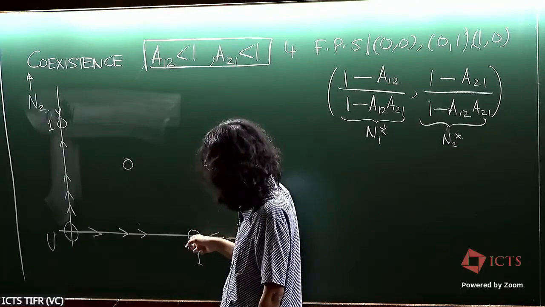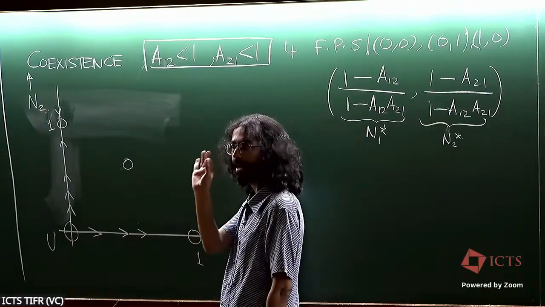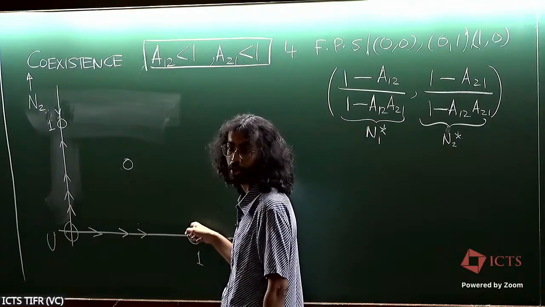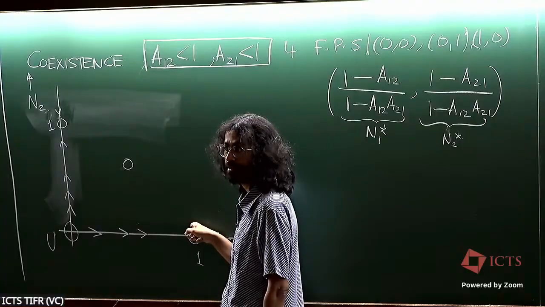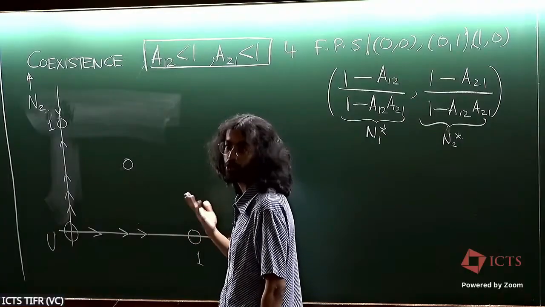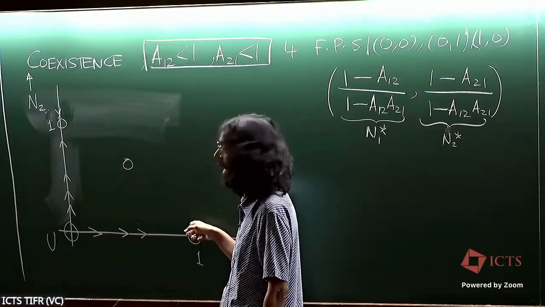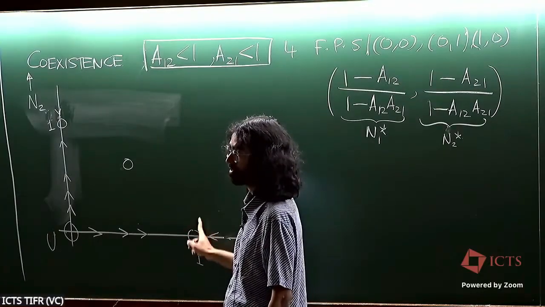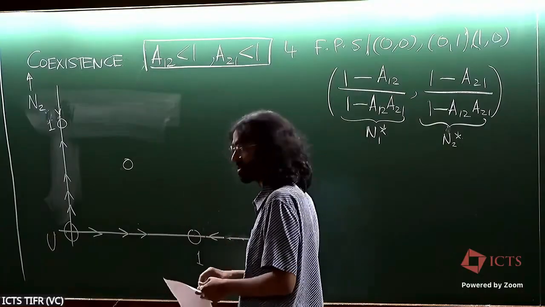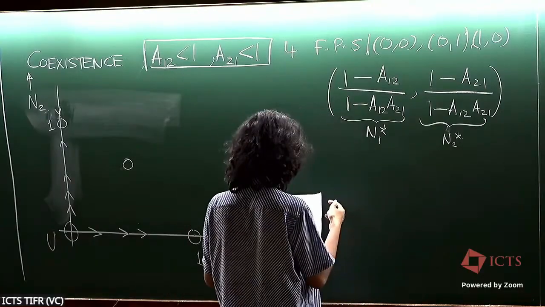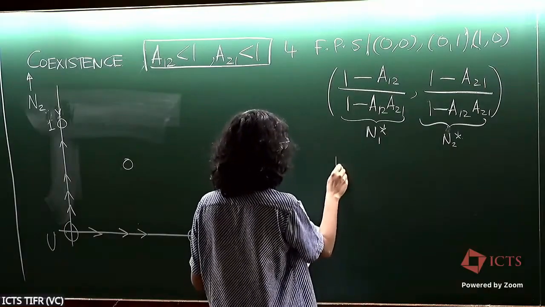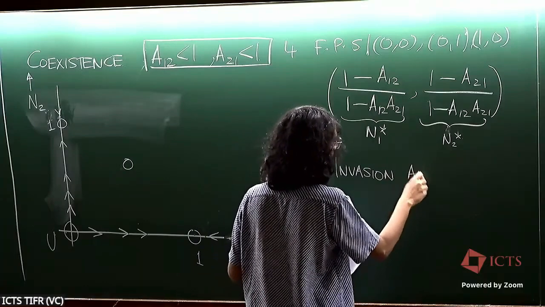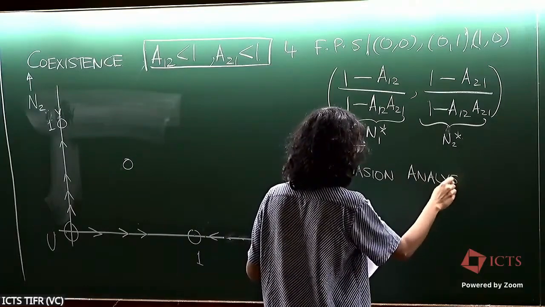So the easiest possible thing to imagine is you add a little bit of N2, you go just a little bit above this, and then you ask whether or not, yeah, what do you ask? Whether N2 grows or not, right? If N2 dies, then you flow back. If N2 grows, you go up and you're unstable, right? And so this, in the language of biology and ecology, has a very famous name, something called invasion analysis.